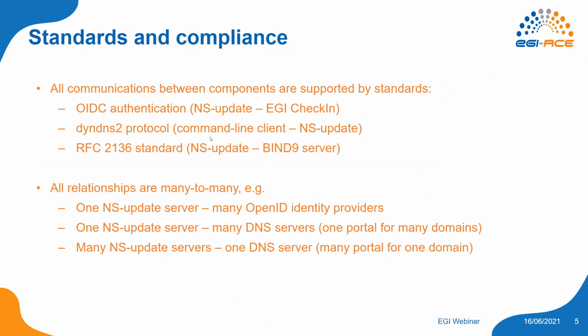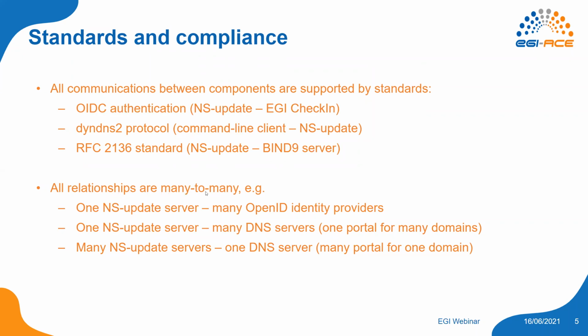We strictly follow existing standards for communication between components. It means that we use OIDC authentication via EGI Check-in. We use the Dynamic DNS 2 protocol for the command line client updater, and we use the RFC 2136 standard for connecting with the DNS server.